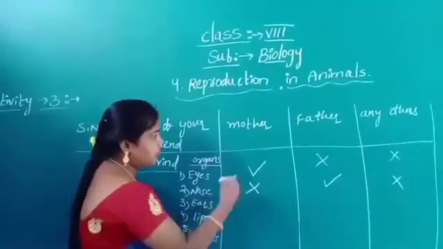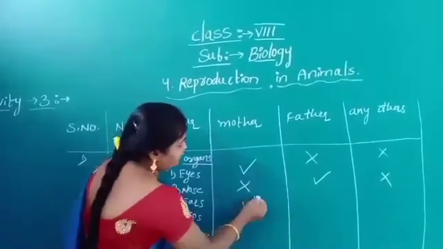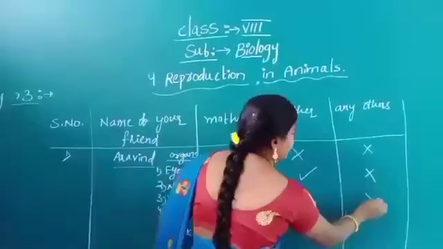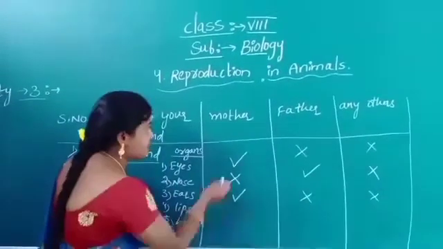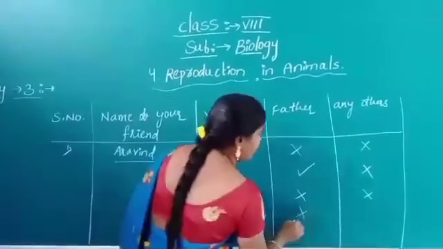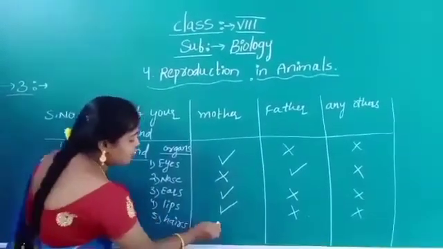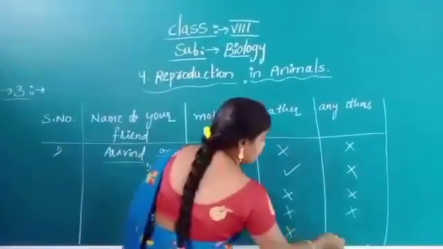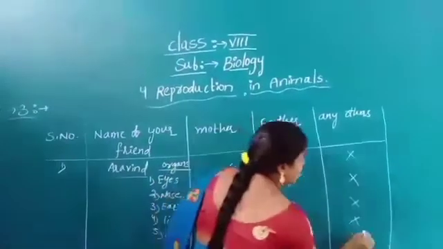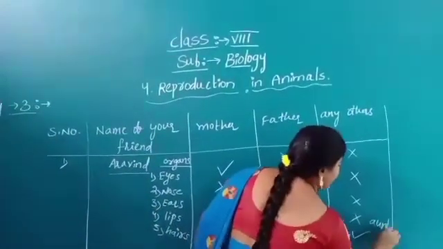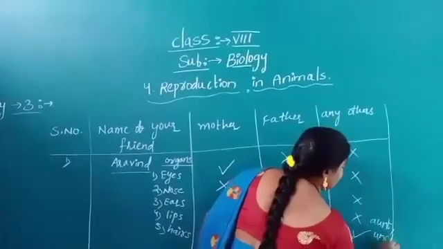Ears are similar to the mother's, not the father's or any other. Lips are also similar to the mother's. Hairs are not similar to the mother's or father's but to any other. Any other means what, Nana? Aunt or uncle.